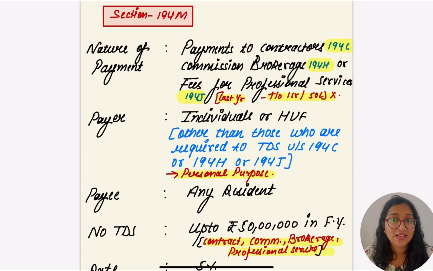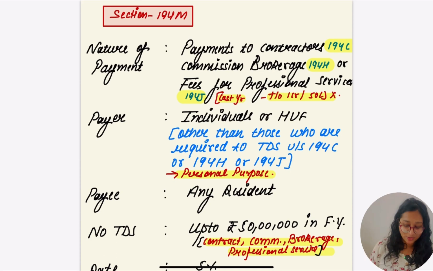But under section 194M we are going to take them, whatever the reason is, whether the service is used for personal purpose or for business purpose. Hope this point was also clear to you.